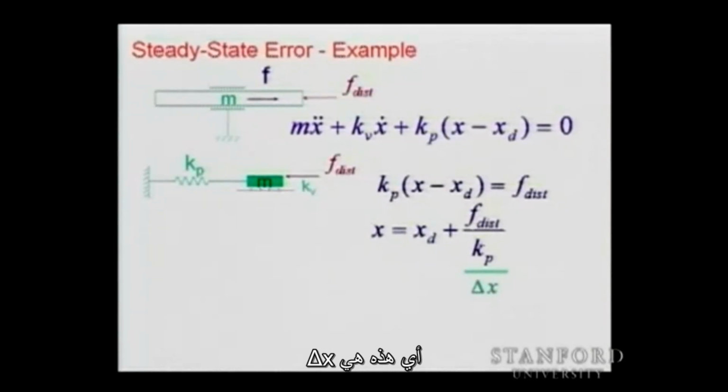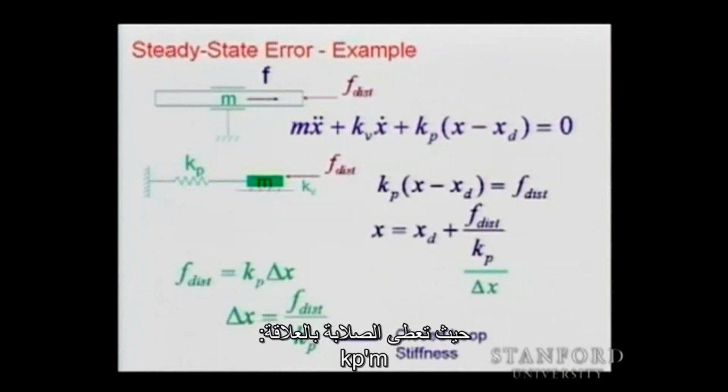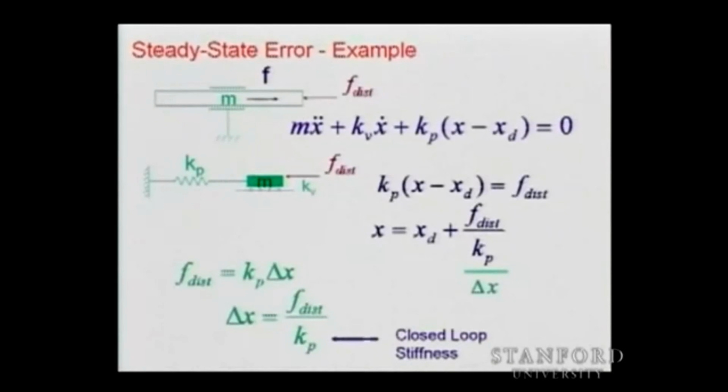So this is your delta x. Okay. So the disturbance is going to produce an error, delta x, that is given by the disturbance divided by your stiffness. And this is your m times Kp prime. Don't confuse Kp prime for the unit mass system and the Kp.